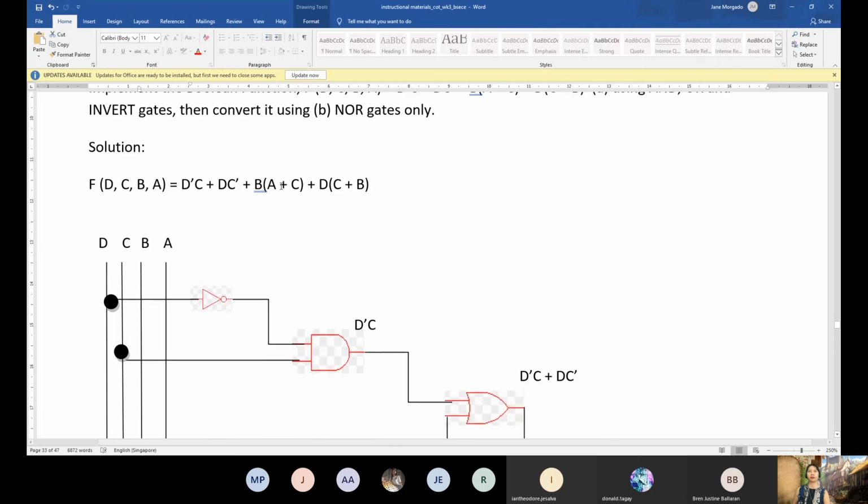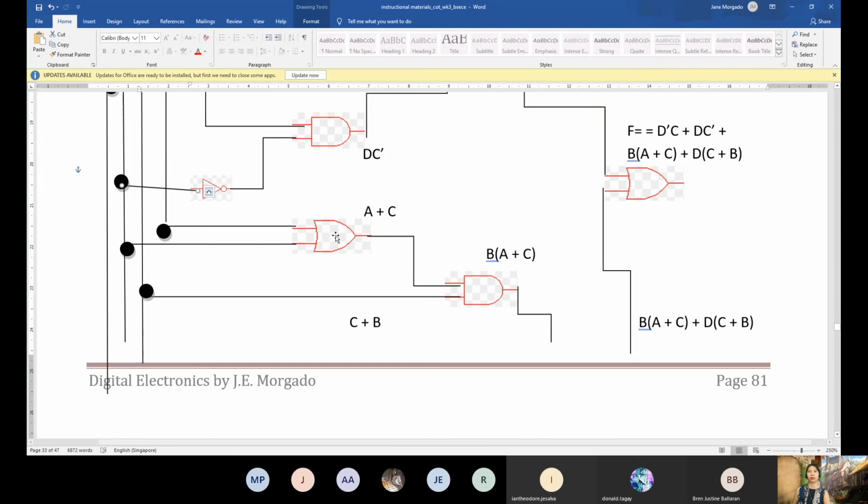And then we have A plus C times B. So you have A plus C. What's this?